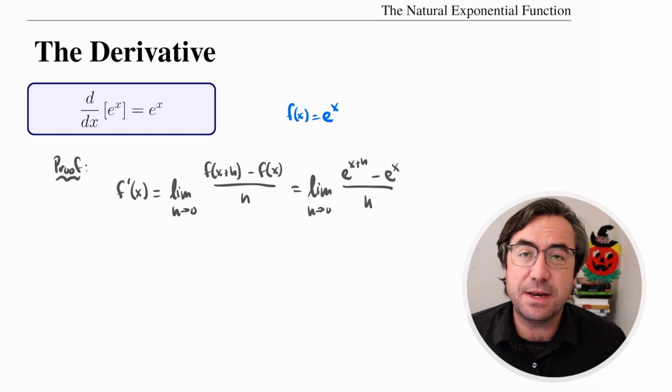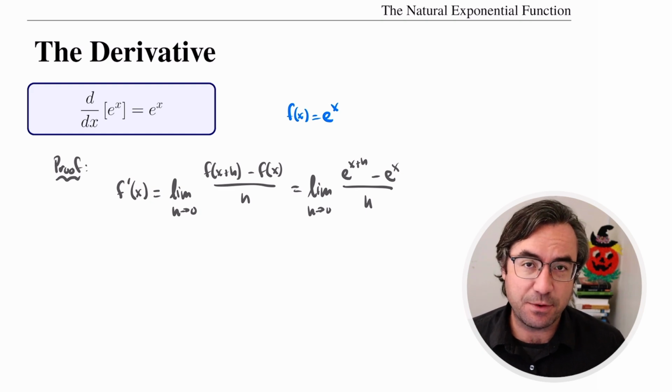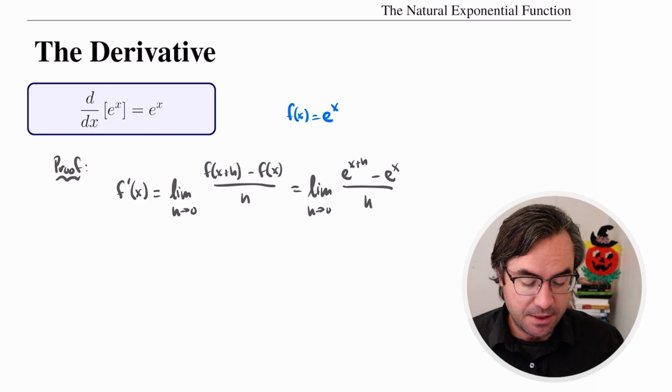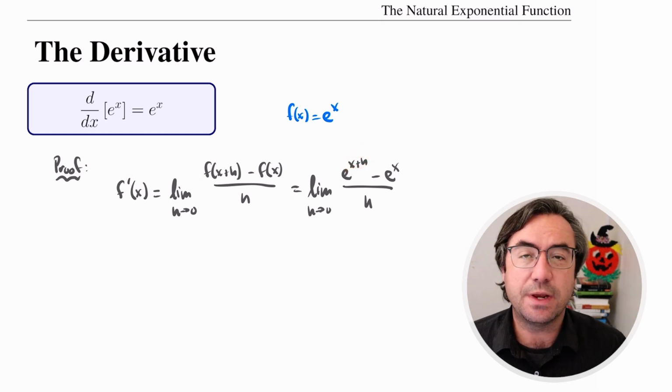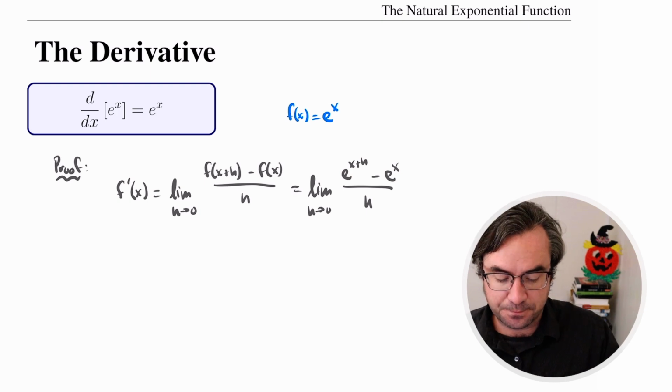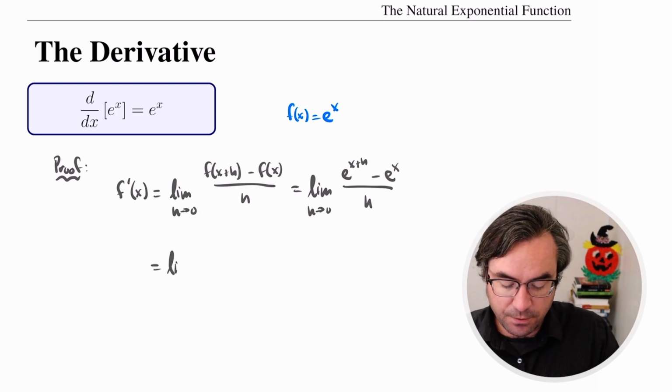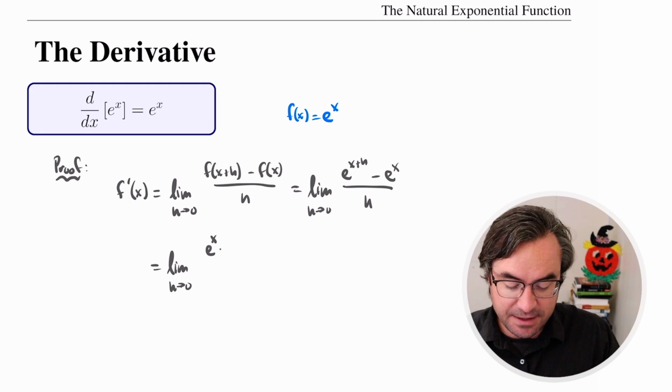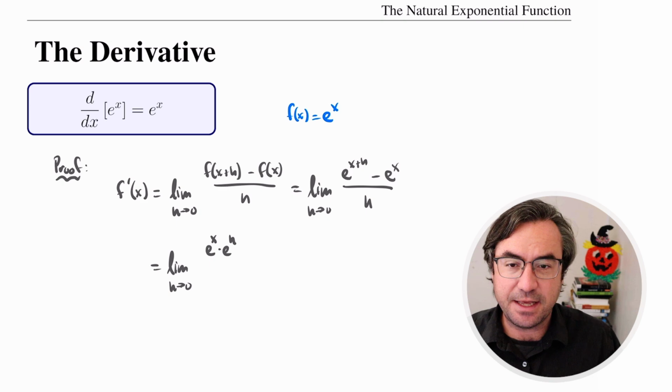We have some exponential properties that we've looked at, exponential laws, that allow us to rewrite terms when we have addition in the exponent. So we can rewrite that e to the x plus h. We can break that apart and write that as e to the x times e to the h.